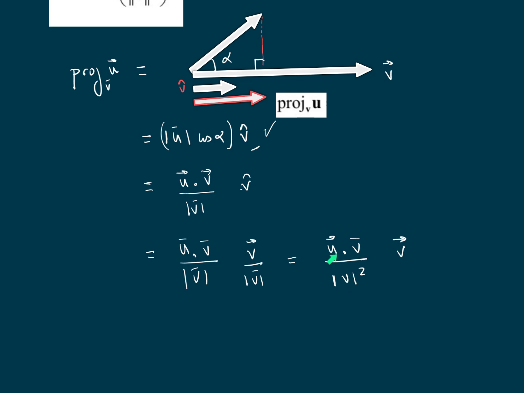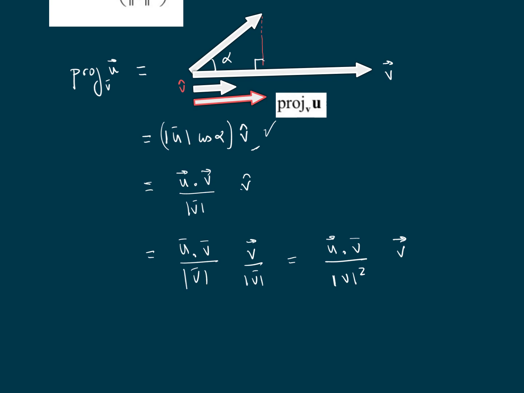So it will be U dot V divided by the magnitude of V squared, times the vector V. And now it's not the unitary vector, now it's the vector V. So you can use this equation or this equation if you want. It will be the same equation. In problems, they will ask you to use these equations. Probably this or this. We will do it in both ways to see that it works.